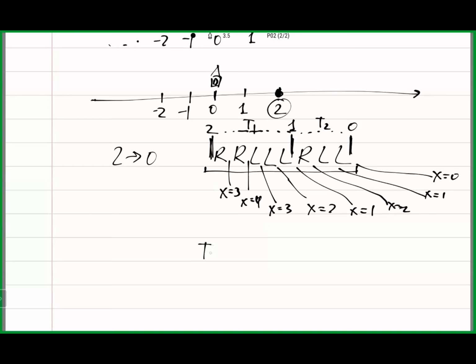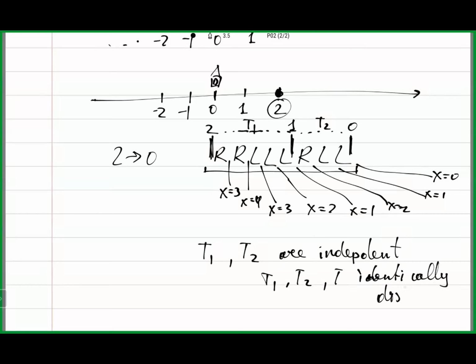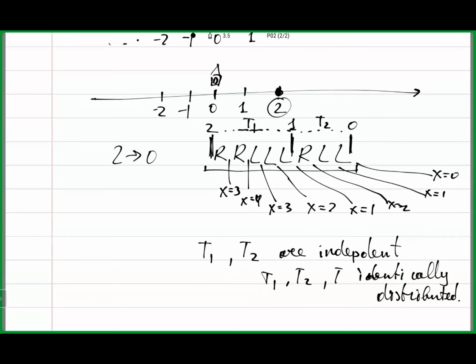Hence, T1 and T2 are independent, and they have the same distribution as T. T1, T2, and T have the same distribution. They are identically distributed. Is it clear? Any questions? Because that's an important point.